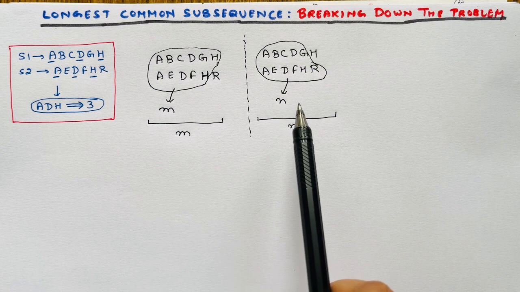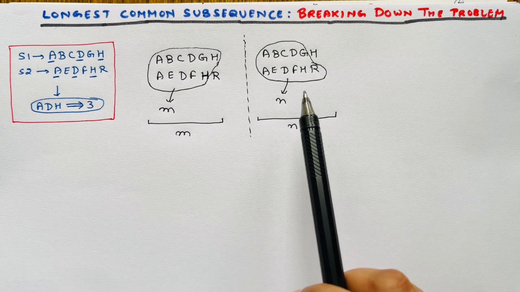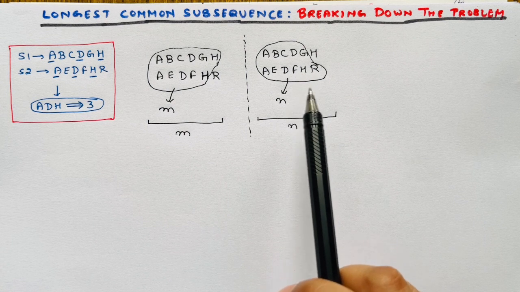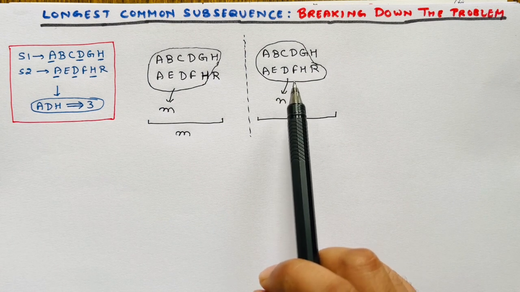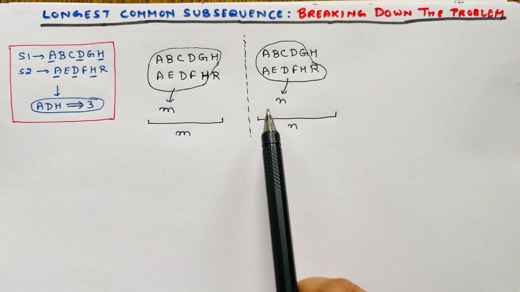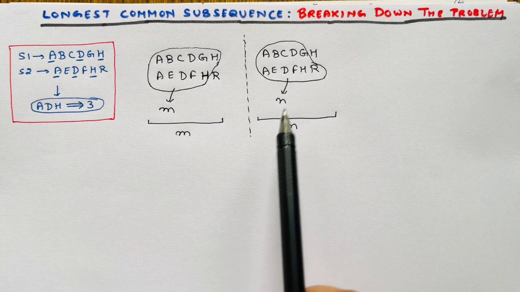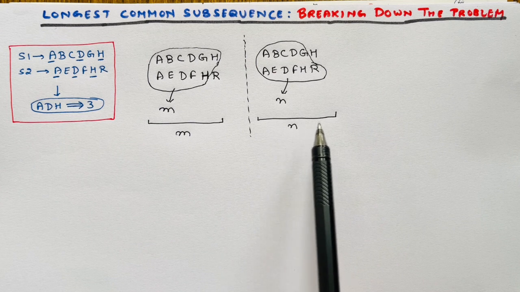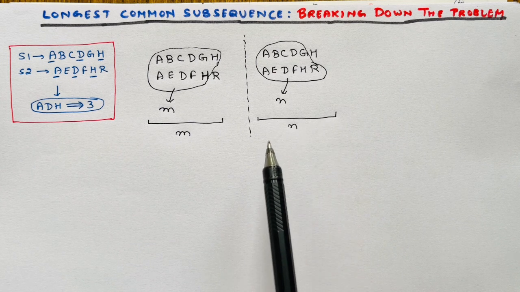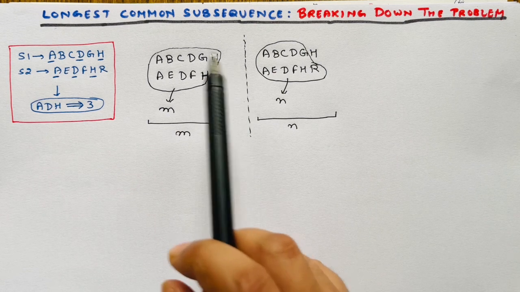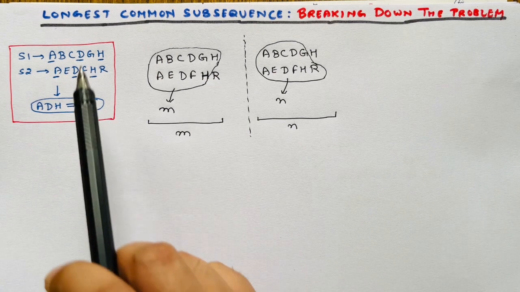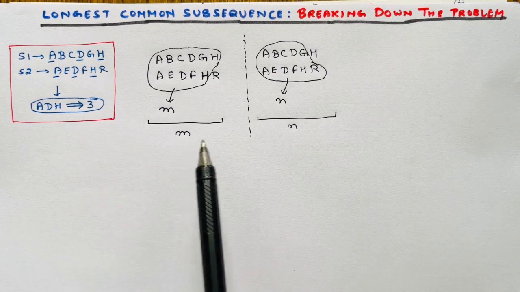Another way of going to the next smaller problem is I shrink the string 1 instead of string 2. Now if somebody tells me the answer to this smaller problem is n, then the answer to the bigger problem will be n. But now which answer do I give out of m and n for the two strings? Since I have to get the longest, I will get the maximum of the two.